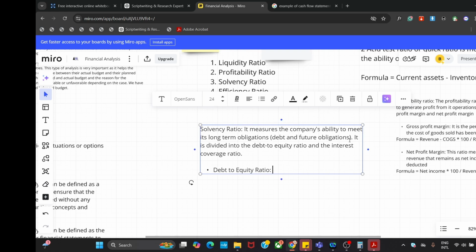Now, when we talk about the debt to equity ratio, what are we trying to say? This ratio tells us the amount of debt that is used to finance the company's assets. That means it shows the amount of debt that is used as an asset of the company. An example related to the debt to equity ratio is the shareholders equity. Earlier in this video, I talked about the shareholders equity, what it means and how it can be calculated.